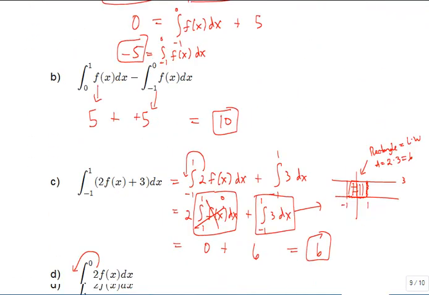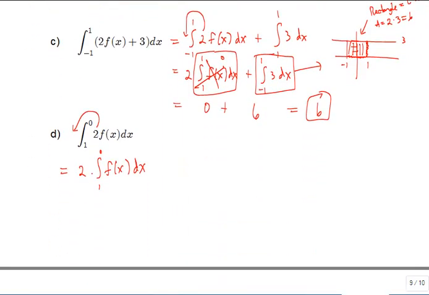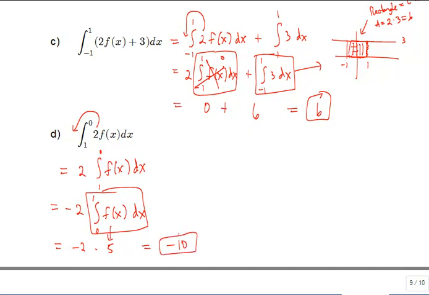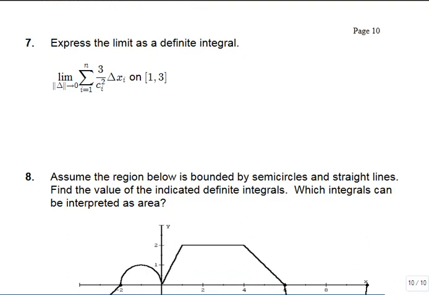So if I want the integral from 1 to 0, I can switch the bounds and change it to 0 to 1, but in order to do that switch, I need to put a minus out front. And this, they told me, was 5. So when I multiply that by my -2, that is now out front, this just becomes -10. Okay?